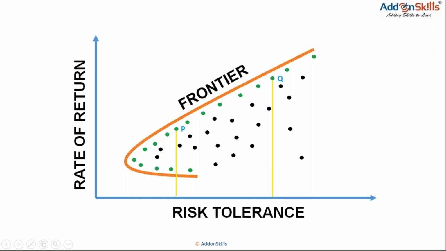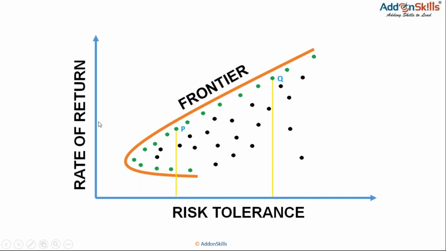Now, it depends on the organization, based on multiple factors, which portfolio they should select. Some organizations which have higher risk tolerance will select portfolio Q, and other organizations which have less risk tolerance will select portfolio P. Remember, the higher your risk tolerance, the higher your rate of return, and the lesser your risk tolerance, the lesser your rate of return.